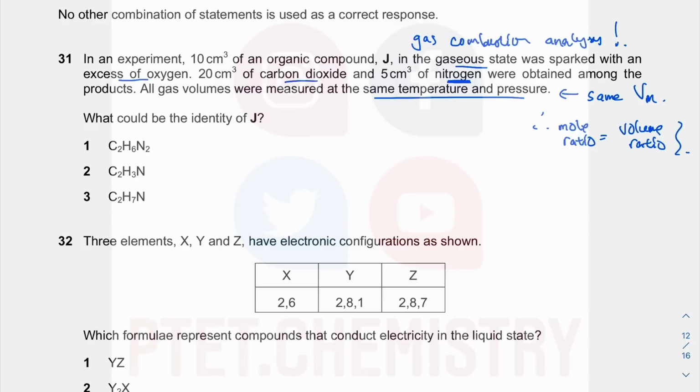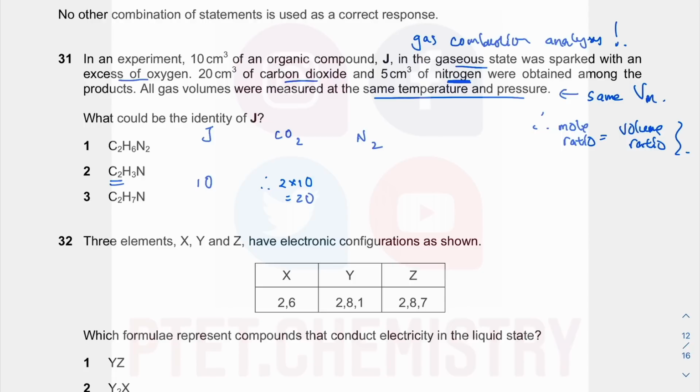So if I have CO2 and N2, if I have 10 cm cube of J, and I check option 2 first, how much carbon dioxide would I get? Well, in 1 molecule of J, I have 2 carbon. Therefore, I will get 2 times 10, which is 20, because you will have 2 carbon from there.